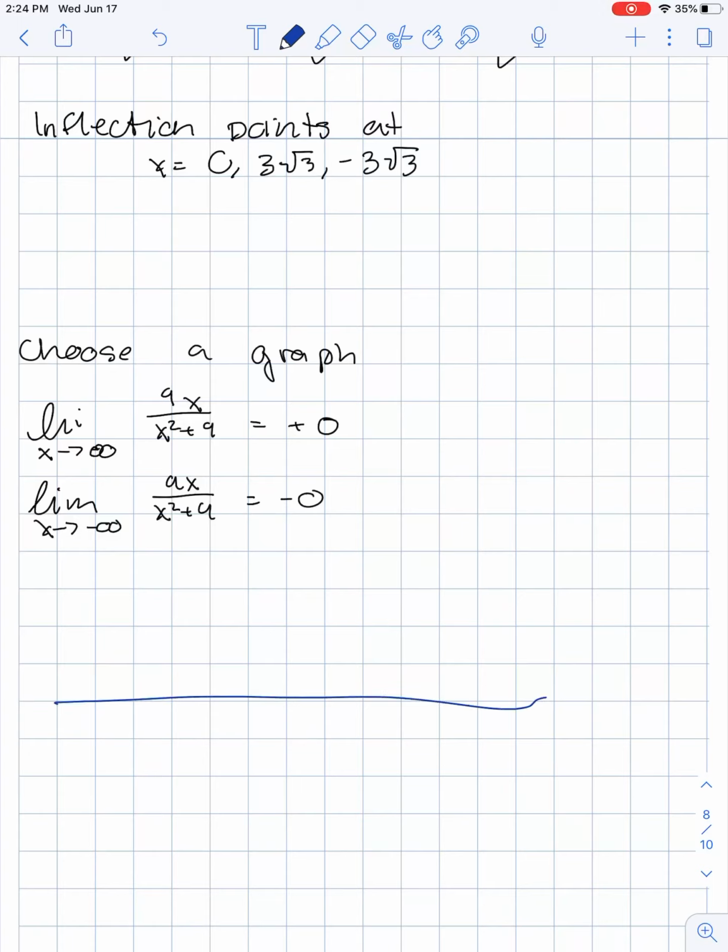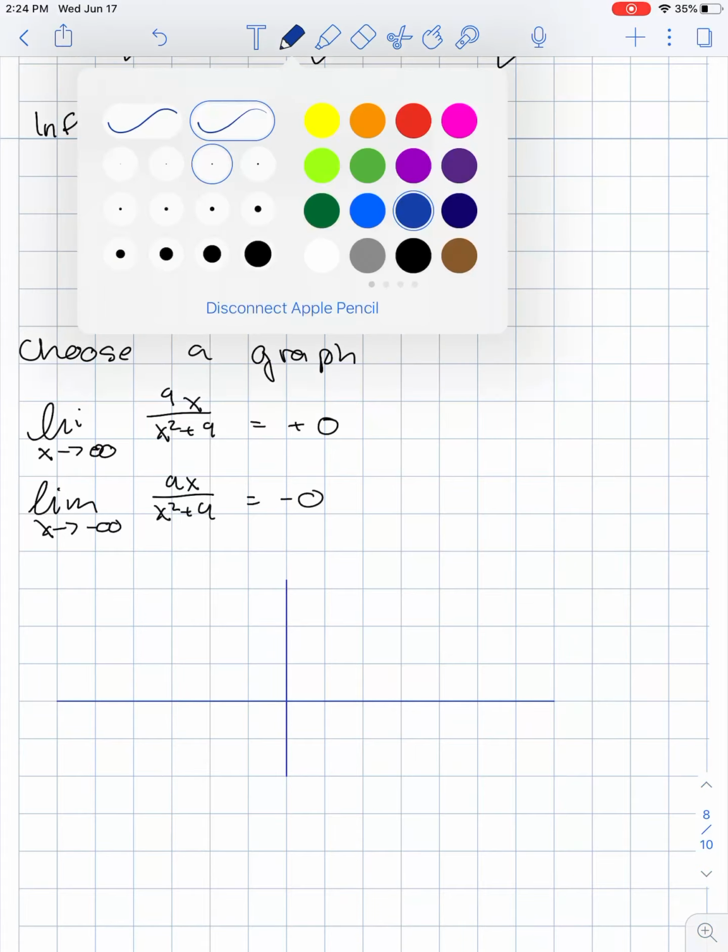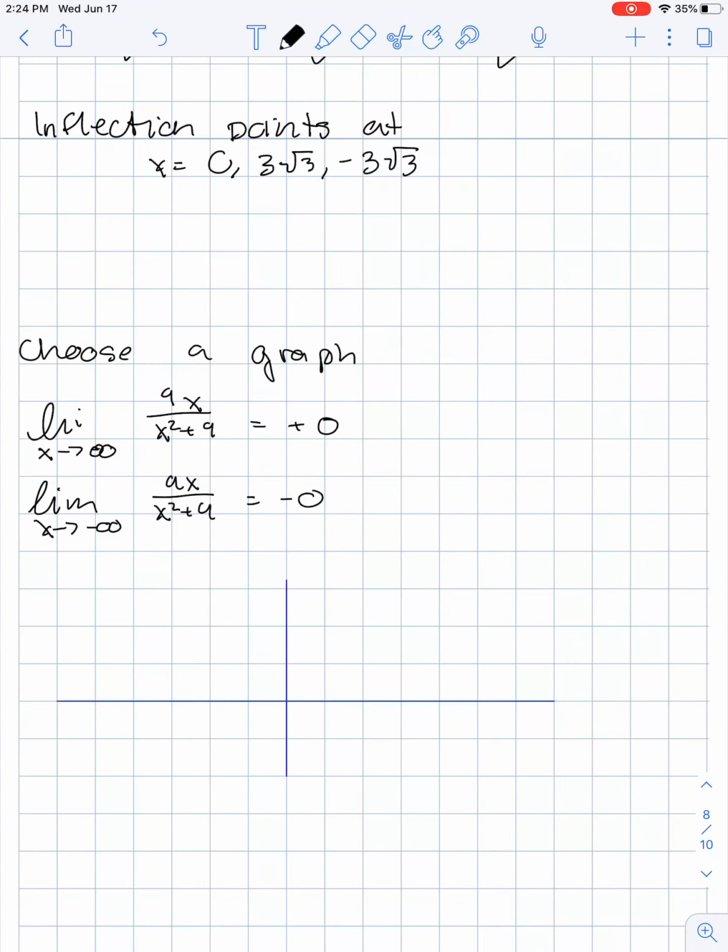I don't have any vertical asymptotes because, as I've said many times, x squared plus 9 cannot ever equal 0. So that means as -infinity is going on, this is coming from 0 from the bottom, and then I have a min at -3, so let's call this a -3, and a max at 3, and an inflection point change at 3√3, which is like somewhere right here.